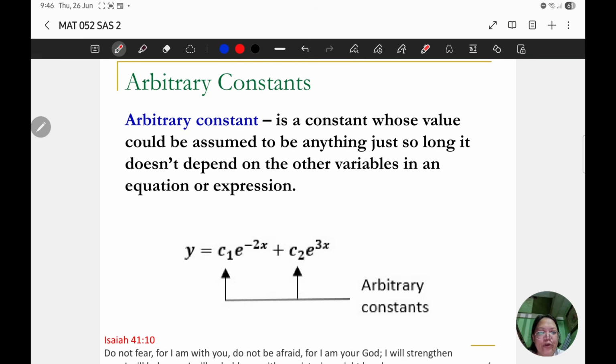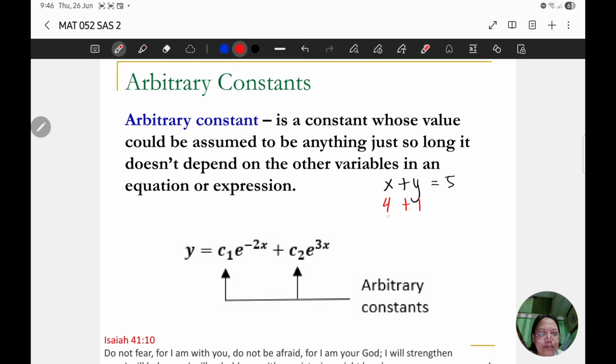For example, if our equation is x plus y equals 5, what are the values for x and y that will result to 5? x can be 4, then y is 1.